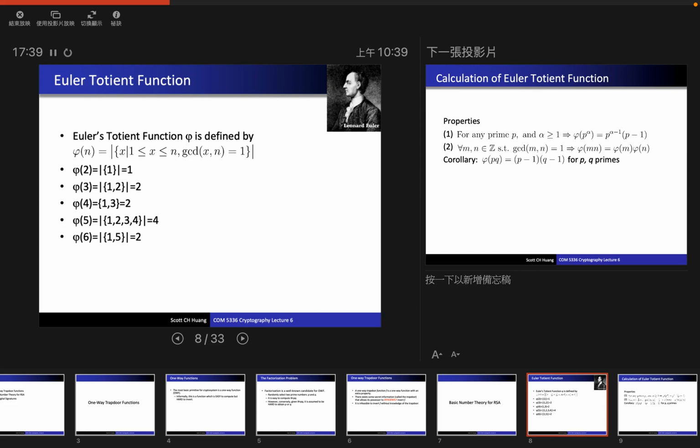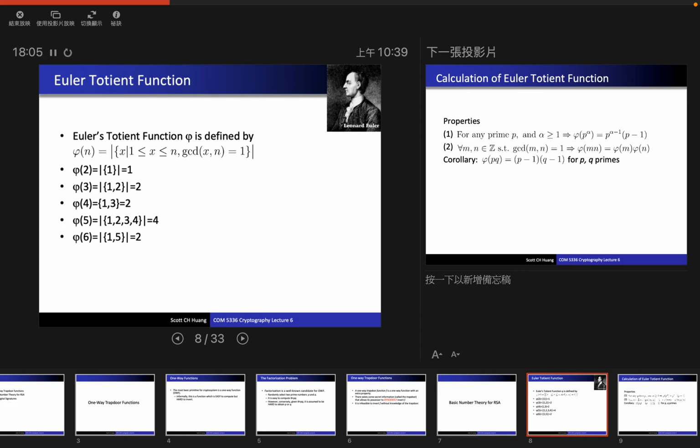If the number is prime, then it's easy. For example, phi of 5. 5 is prime, so anything smaller than 5 must be relatively prime with 5. So it's equal to 5 minus 1. Phi of 5 is 4. Phi of 3 is 2.